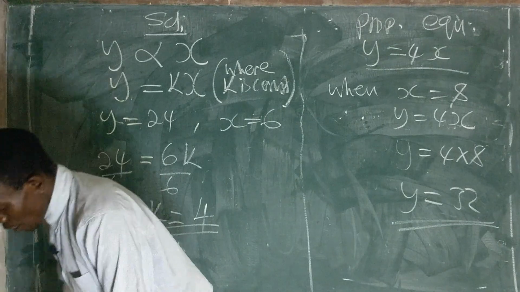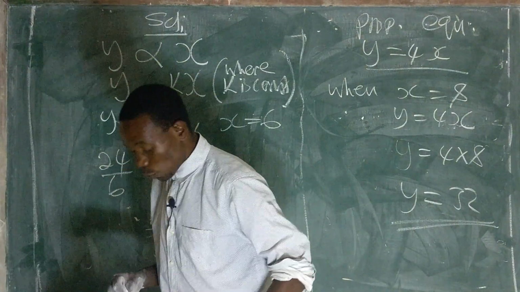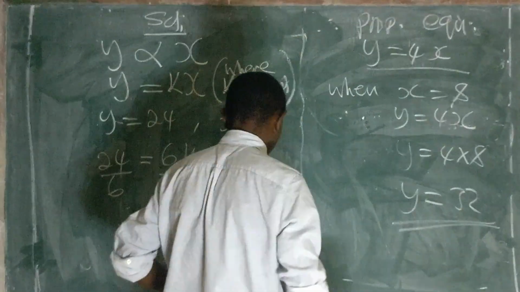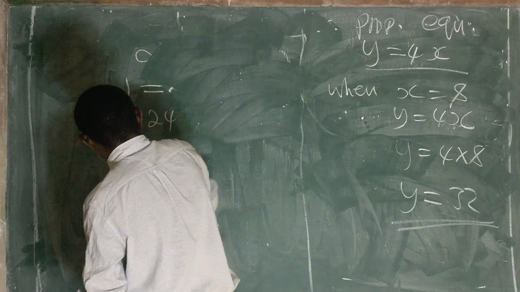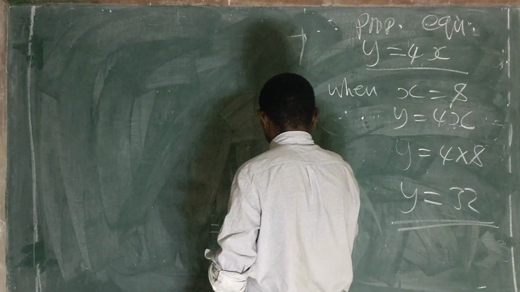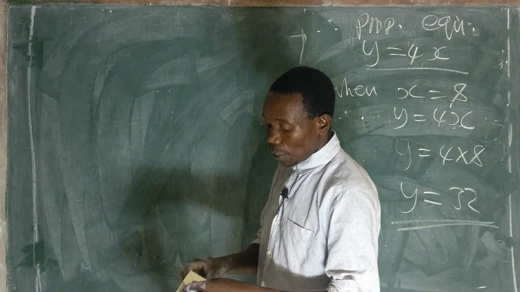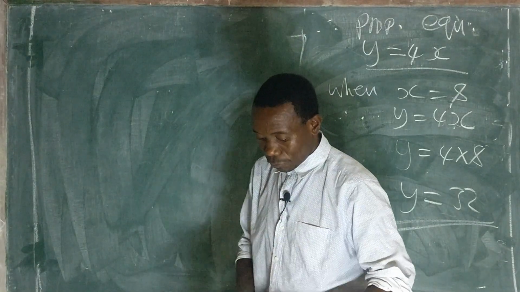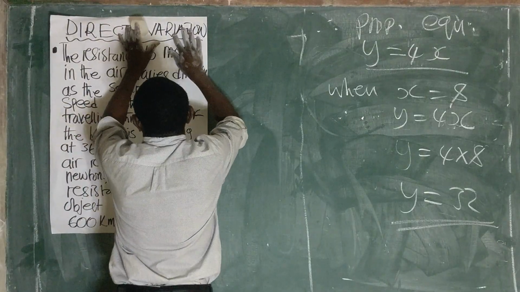I have another problem here that we need to work together, an application of what we have just done so far. We have types of scenarios in life where we find ourselves using the knowledge about direct variation. So let us look at this one together.